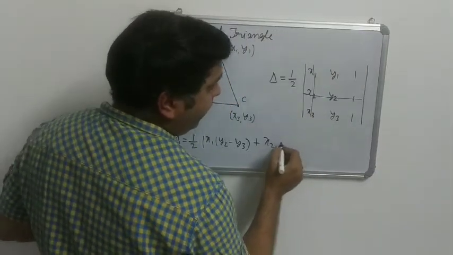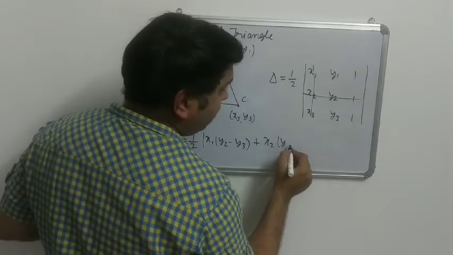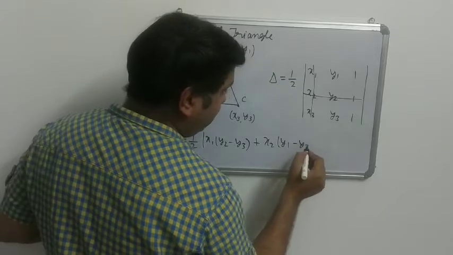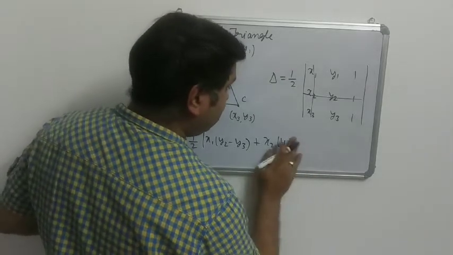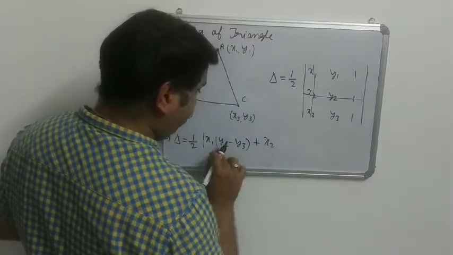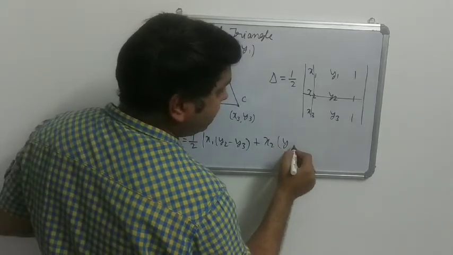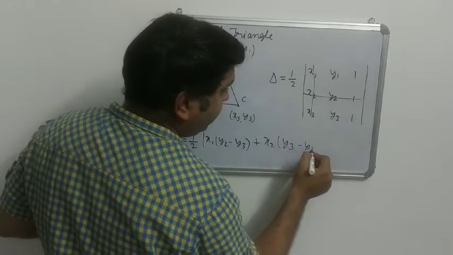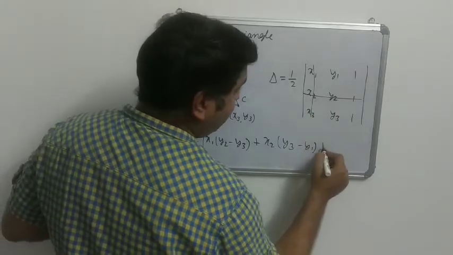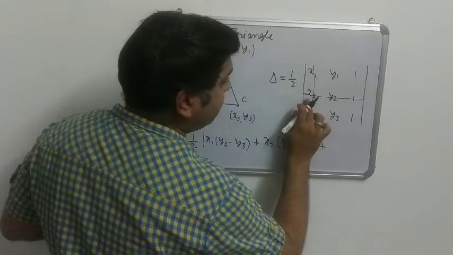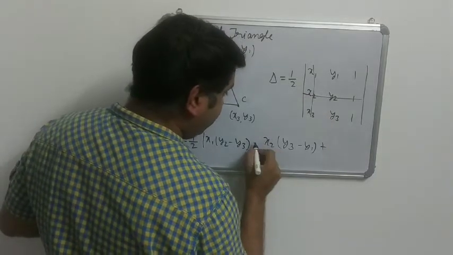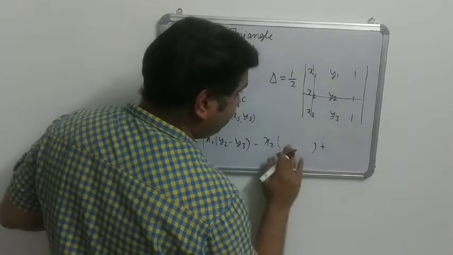Okay, so x2, y1 minus, so this will be x1 into y2 minus y3, y3 minus y1, and here you will take minus.